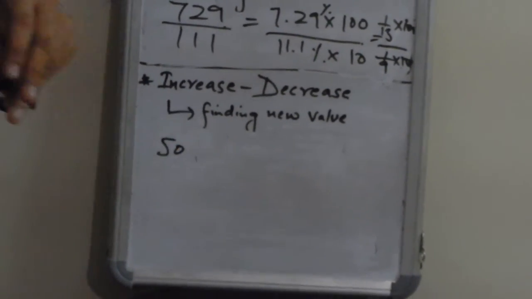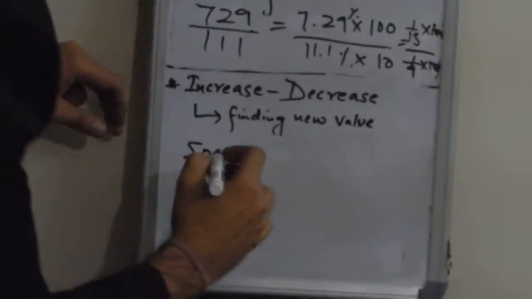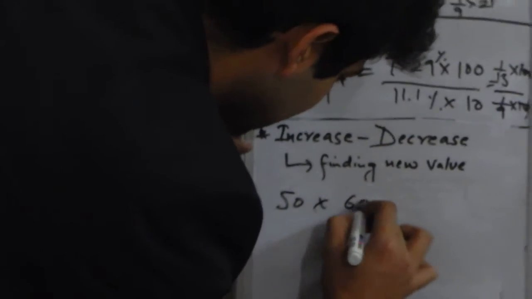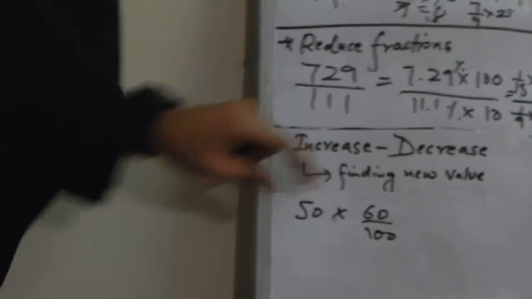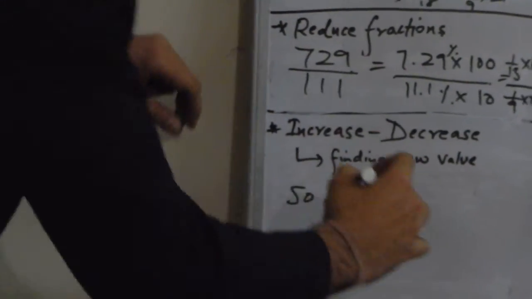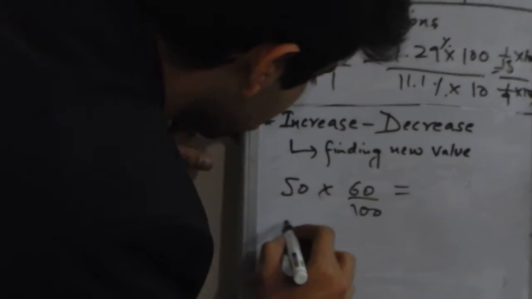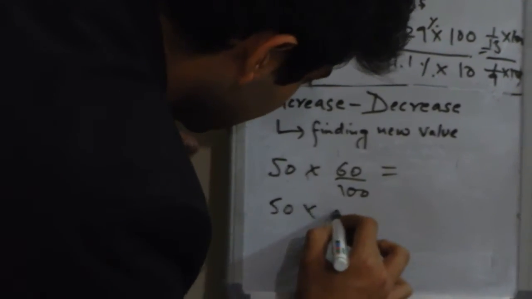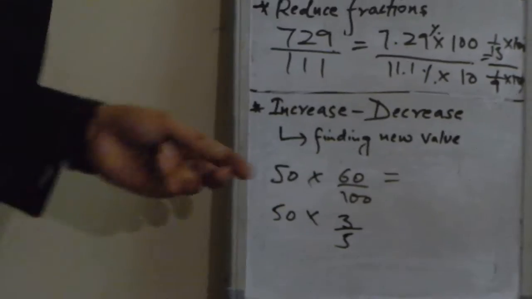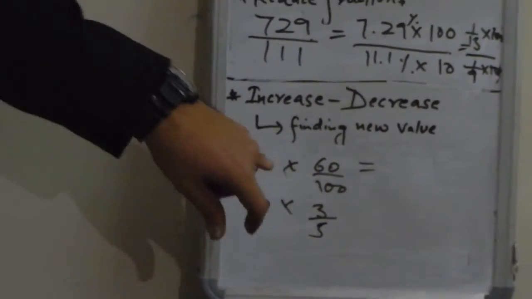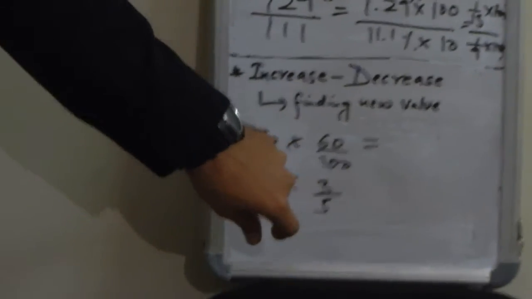There are two ways of doing this. I would say calculate 60% of this number, that is 60 by 100, and then do this. Or you can write it as 50 into 3 by 5. That is 60%. 1 by 5 is 20%, and you multiply that by 3 and it becomes 60%.